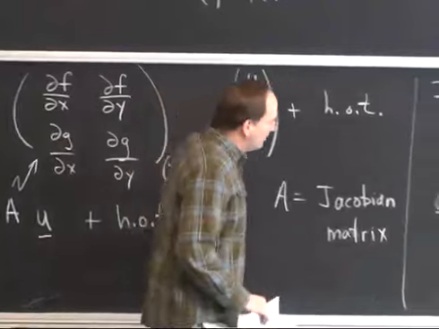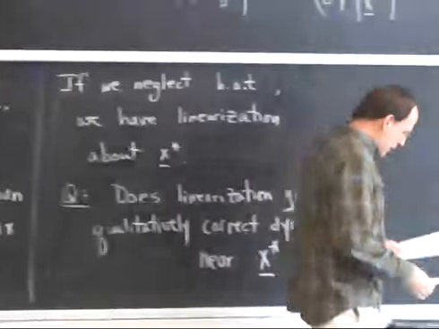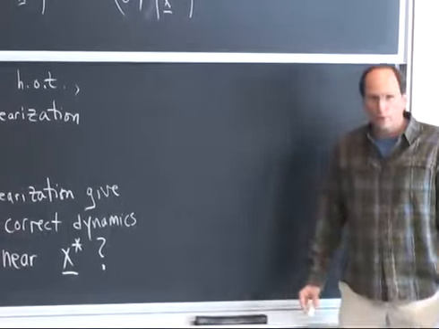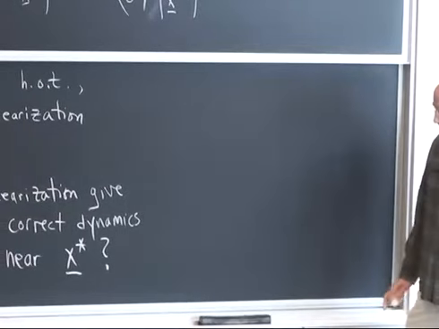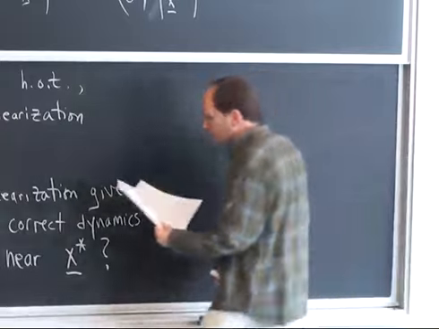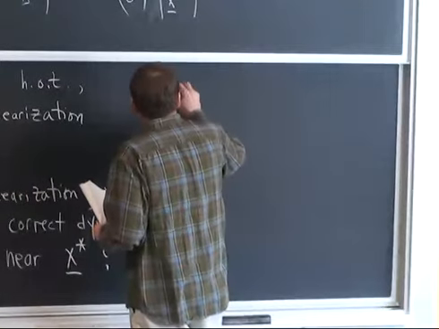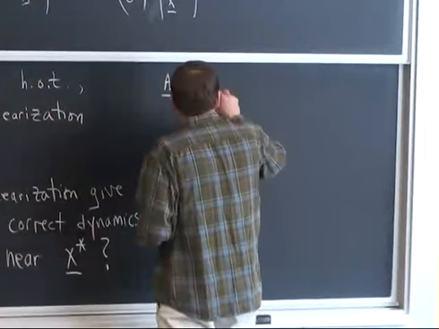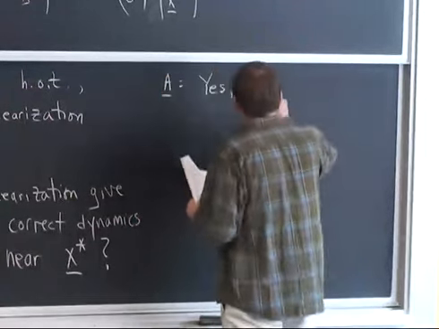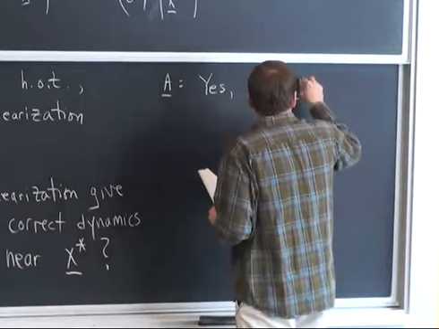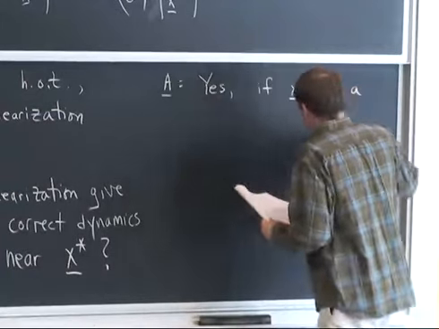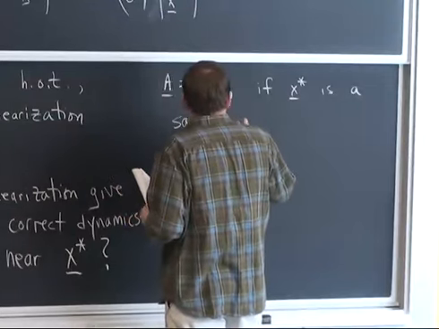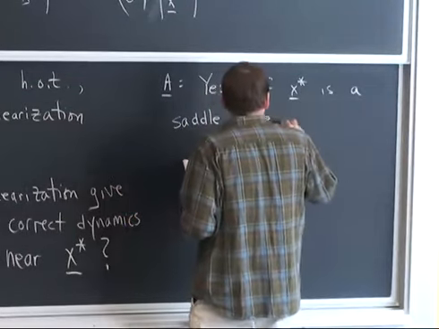And the answer turns out to be pretty nice. There's a theorem, which I'm not going to prove, but if you were taking a rigorous differential equations course, this would be something that would occupy some time to prove, the next statement, which is that the answer is yes, actually it does give qualitatively correct dynamics if the fixed point happens to be a saddle, a node, or a spiral, according to the linearization.